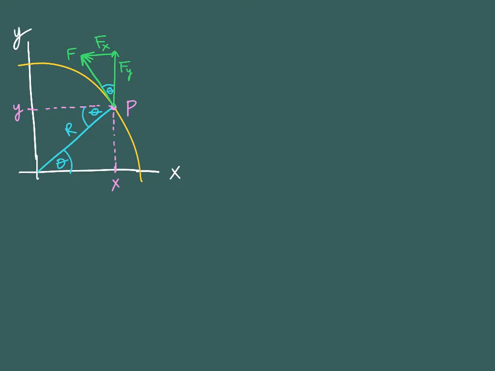All right? So since we're dealing with right triangles, we get a few things out of that. So, for instance, sine of theta would equal f of x, F sub x, over the force itself, so opposite over hypotenuse.